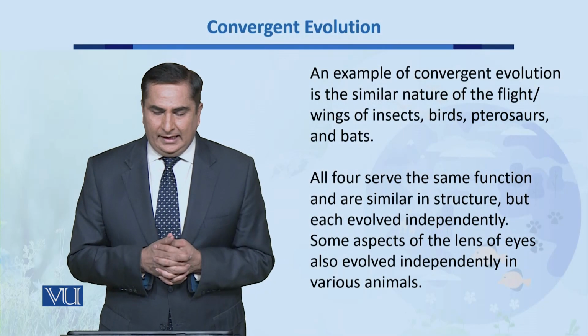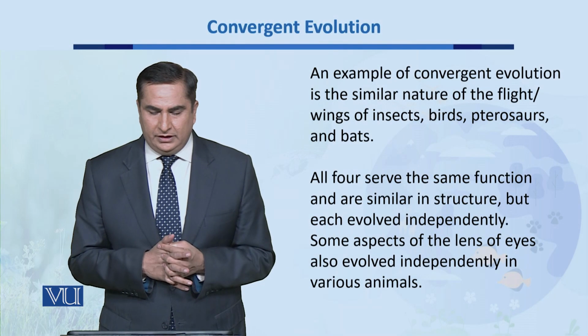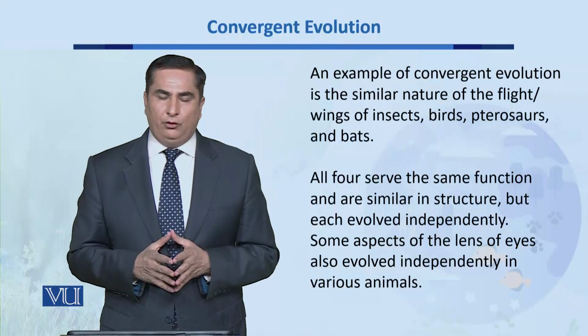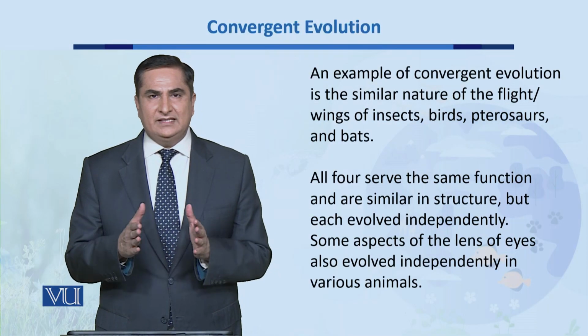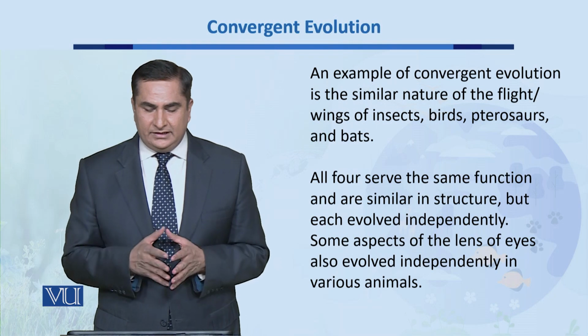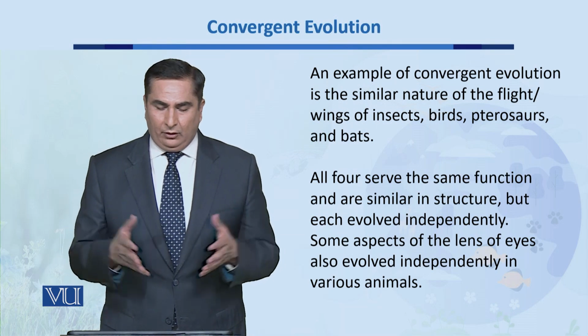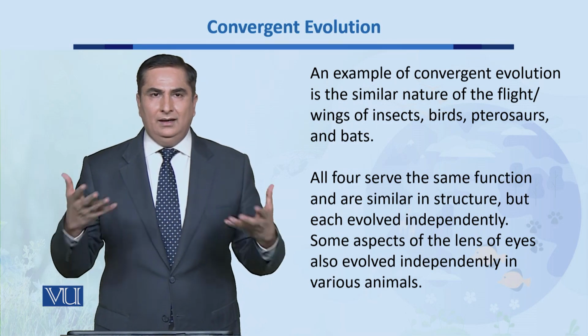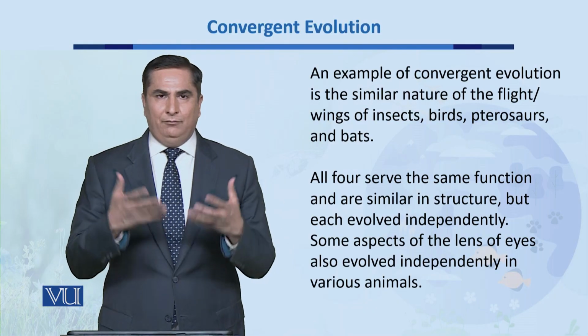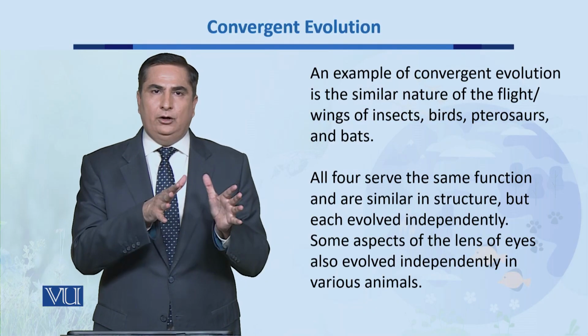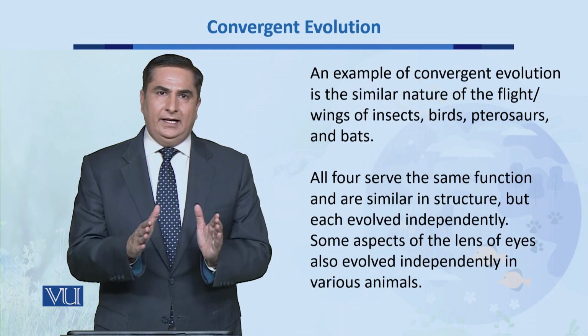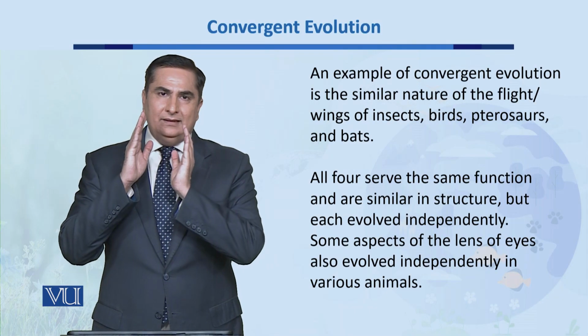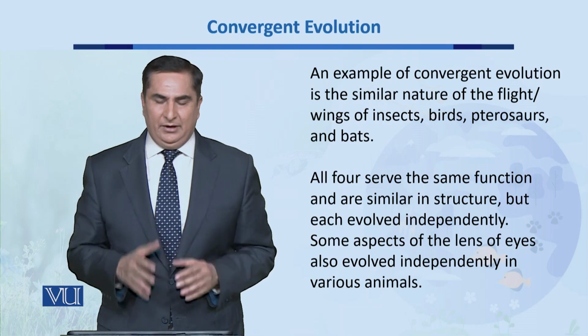Now, in this example of convergent evolution, the similar nature of flight or wings of insects, birds, pterosaurs, and bats all appeared in evolutionary history independent of each other, but they occupy the same or a common habitat.